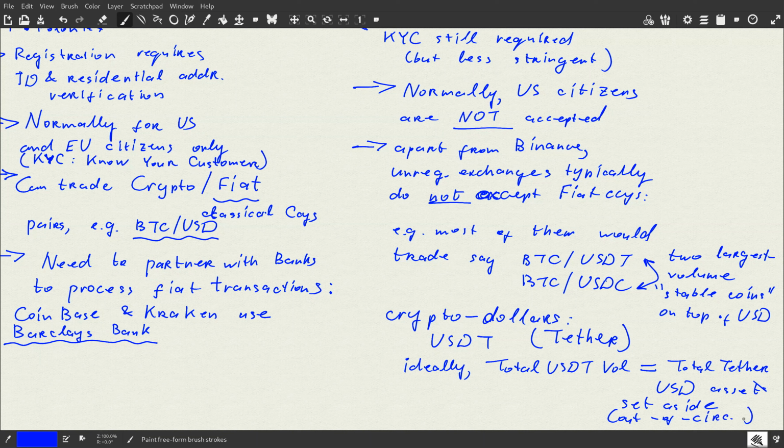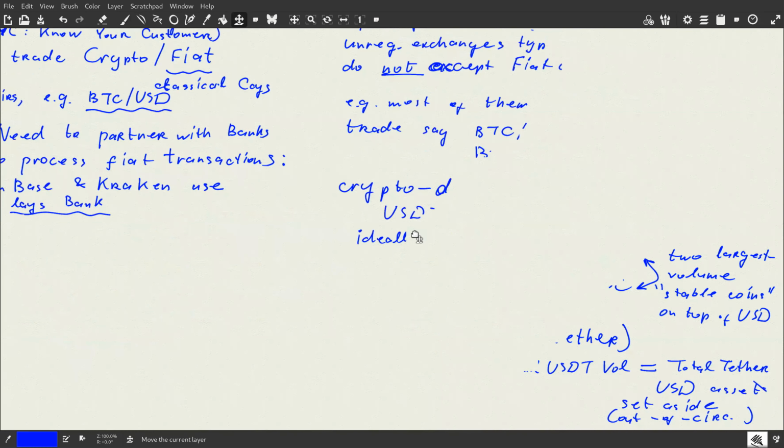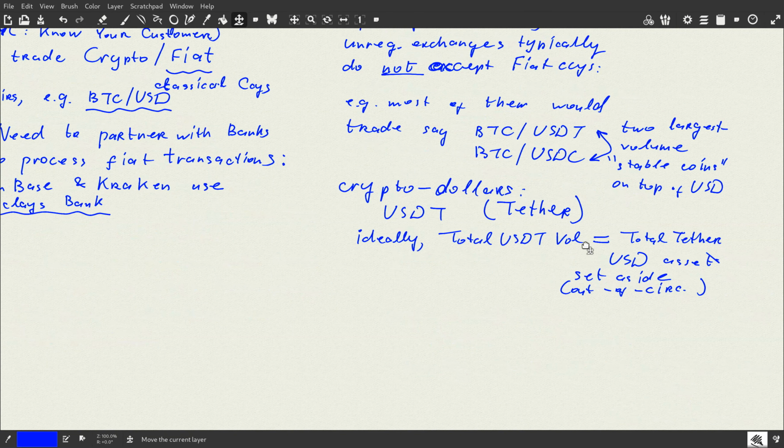You receive USD in lots of 150k USD, you set them aside, you put them on a special bank account, they are untouched and unmoved anymore, they are backing your USDT cryptocurrency, and the corresponding amount of USDT is issued. That's ideally, all right? Ideally, what happens?